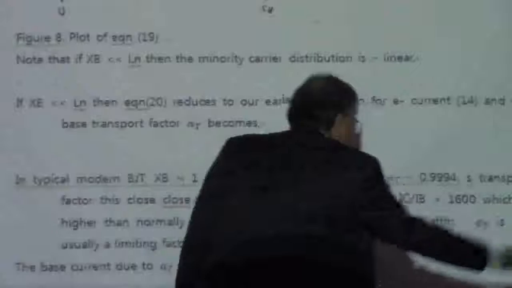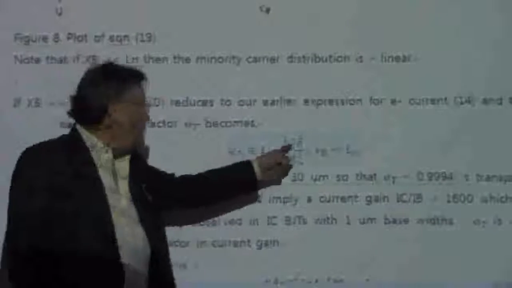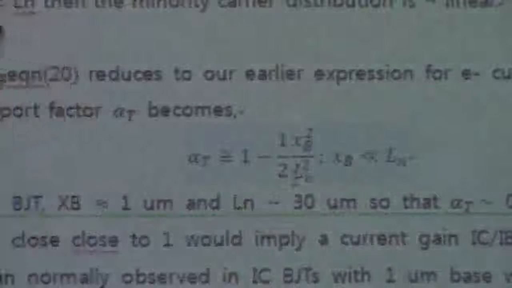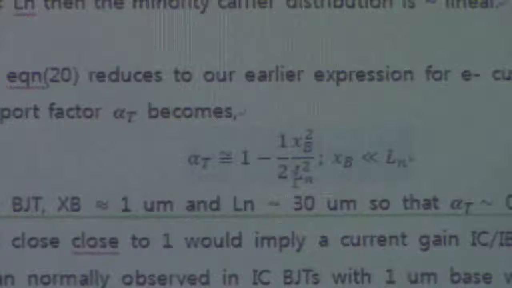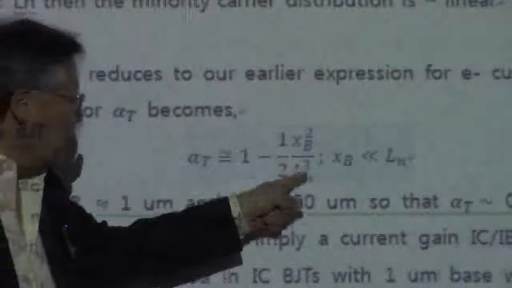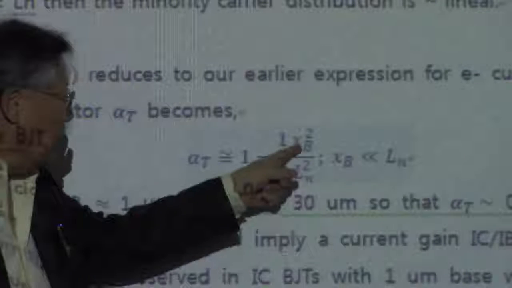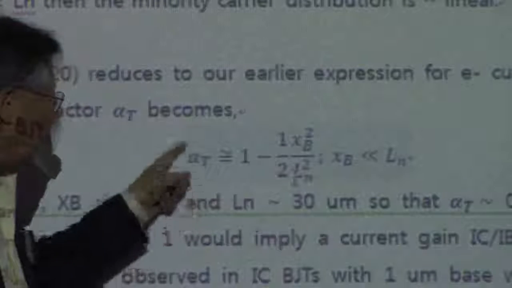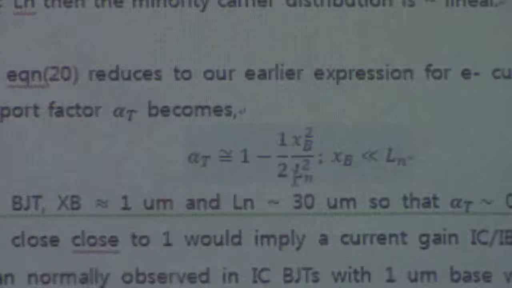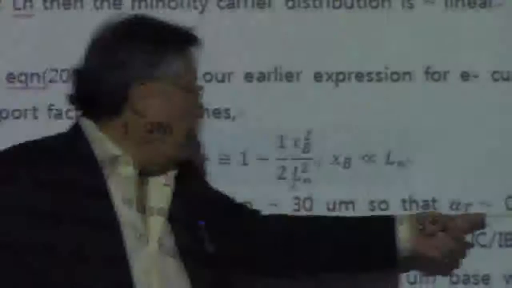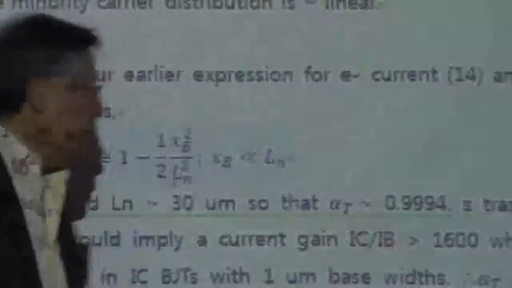You can see XB is the base width, and Ln is the diffusion length of the minority carriers. Since Ln is very much bigger than XB, alpha T is almost 1. It's typically 0.9994, something like that. Very close to 1.